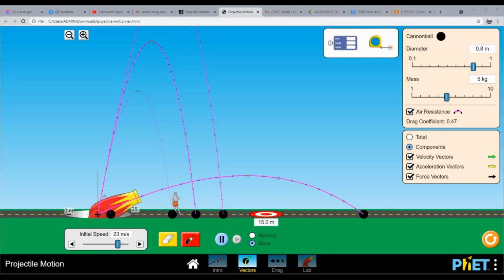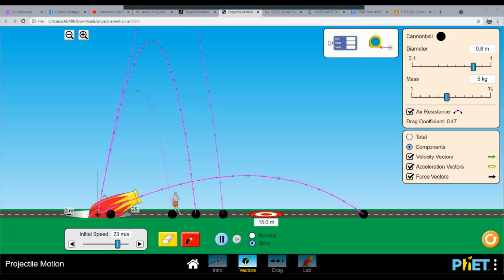You would notice itong distance na na-travel nito, nung naka 25 degrees niya, mas malaki na o mas malayo na yung nata-travel ng projectile. As compared dun sa 80, di ba? Mas maiksi yung distance na na-travel niya.